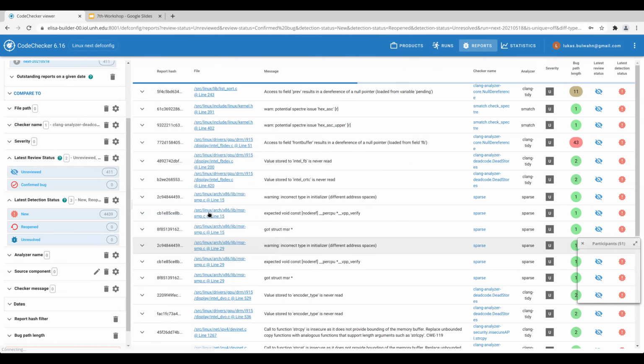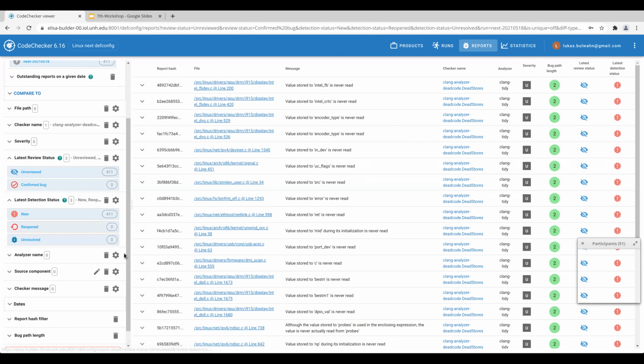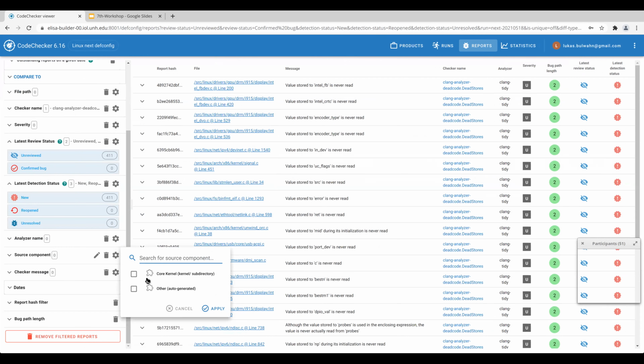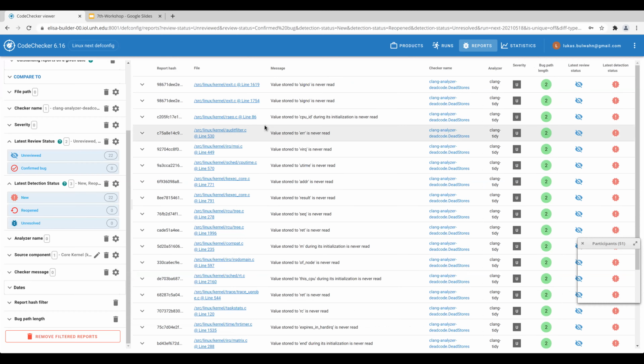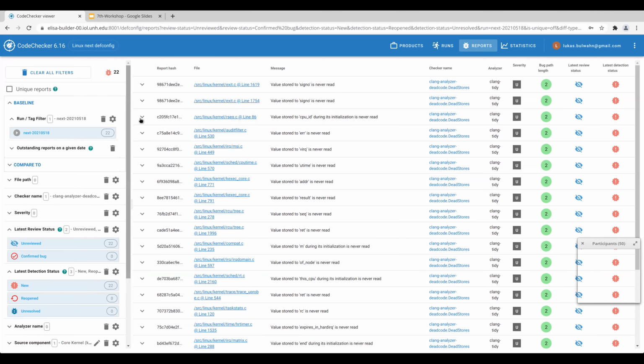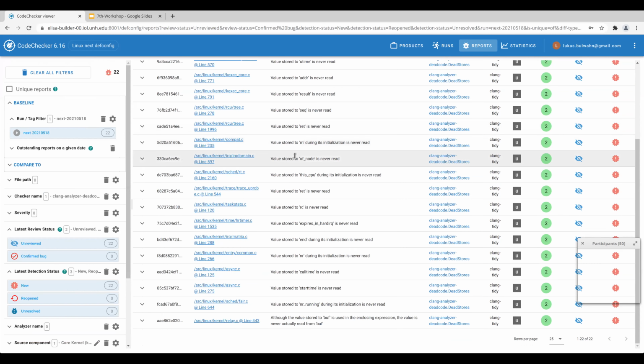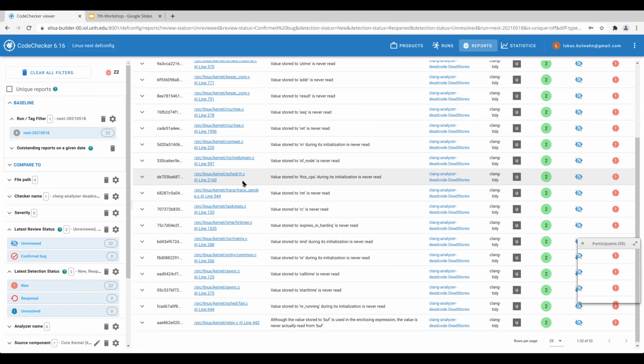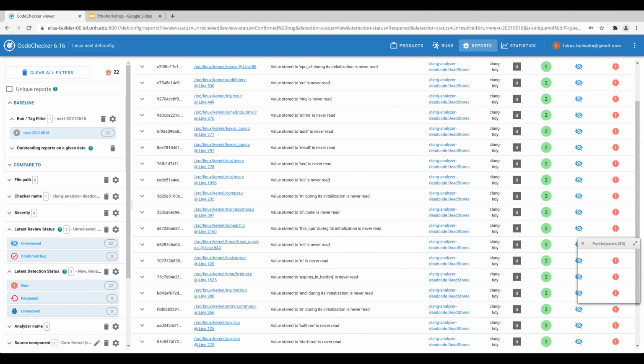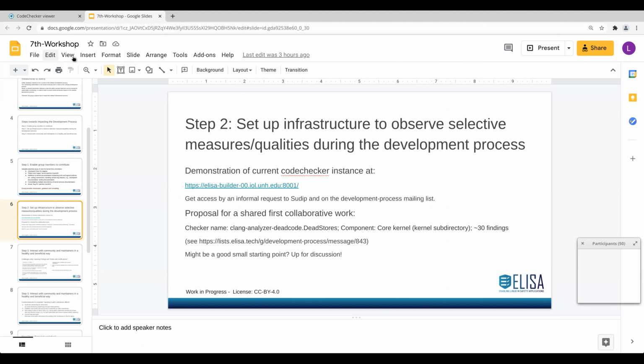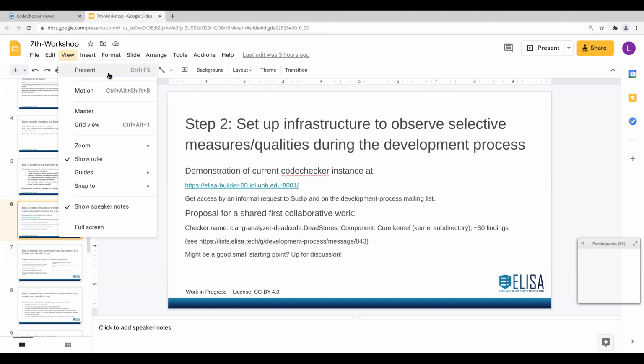That's one of the largest groups, and we can look at the core kernel, the kernel subdirectory, and there we see a manageable set of 22 findings that would need to be assessed. That might be a good starting point to go through, understand the code, and understand whether these are false positives or true positives. These are activities that are worth continuing in the future.